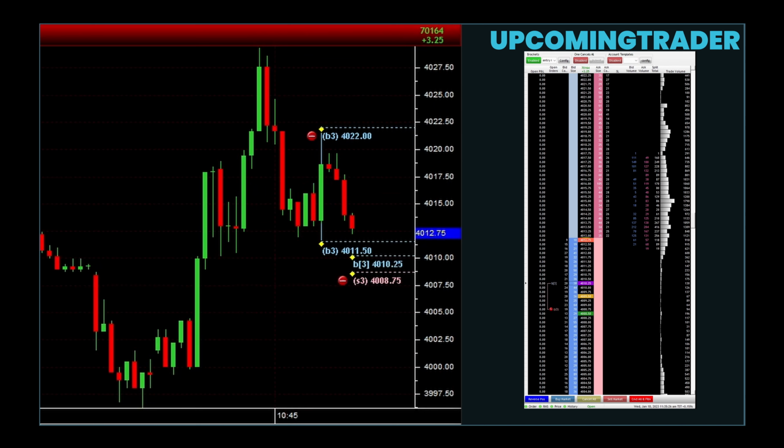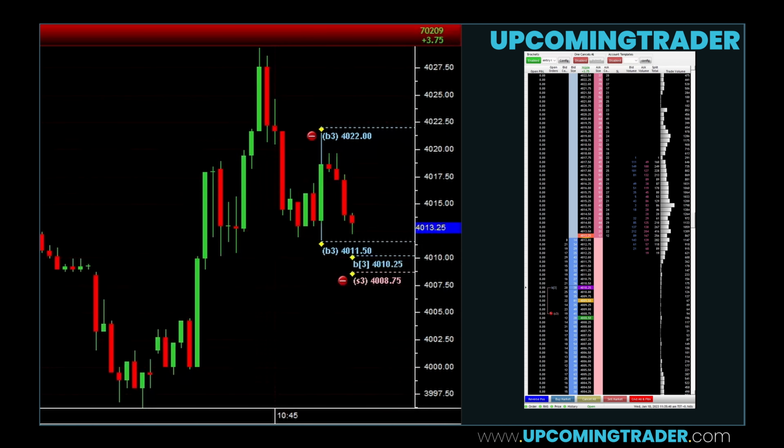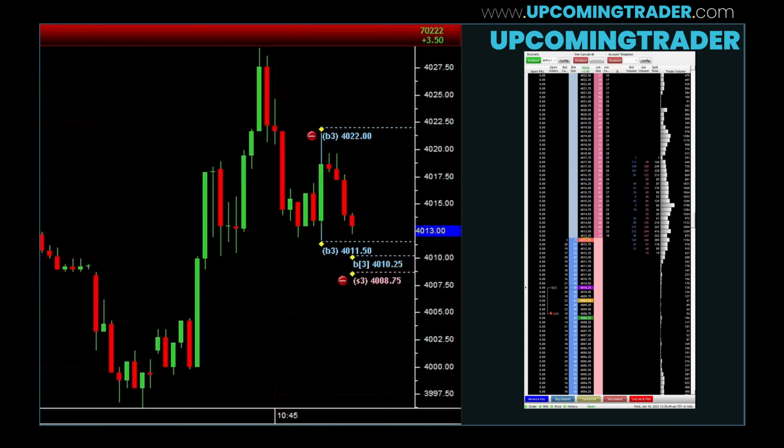By using these tools together, we can make more informed and confident trading decisions. And most importantly, we talked about always managing risk with stop losses. Managing risk is key to long-term success in trading, as it helps protect your capital and ensures you can keep trading even if a few trades do not go your way.